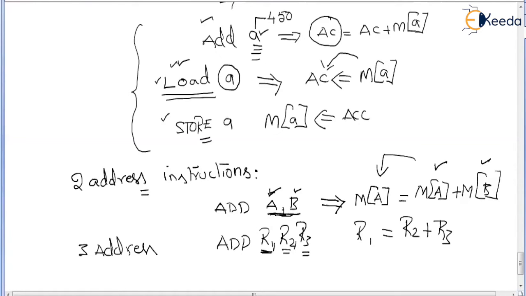Here, when I say add A comma B, you need to think that it has to be add R1 comma B. That is purely because A's value must be transferred initially to R1, and as A has to be updated, first you update R1, because when you add B to R1, A plus B will be performed because R1 already contains A. You need to ensure that A's value is initially transferred to R1 and then finally you add B to it. So then only the processor's register will get updated.